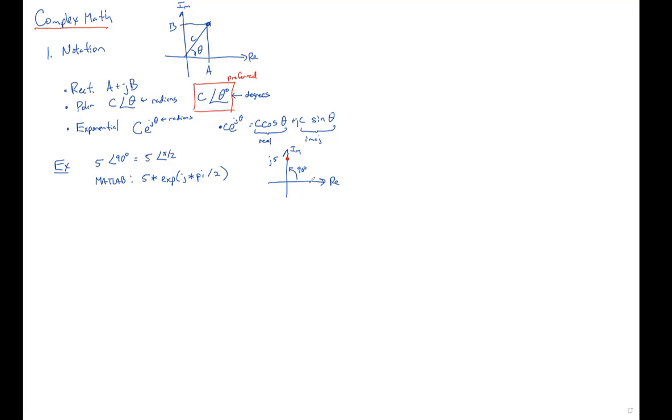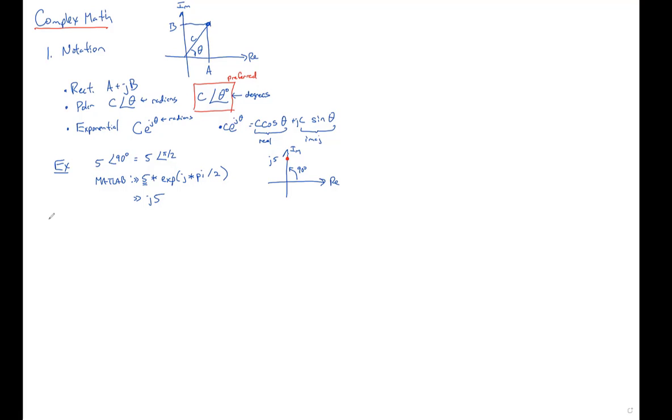So it's not real at all. It's purely imaginary. How much imaginary does it have? J. It's just J. It's in fact, it's going to be J5, right? Because its magnitude is 5. So if you put this into MATLAB, MATLAB will return that you've got J5 back. It'll probably use I instead. But two different ways to talk about the same number.